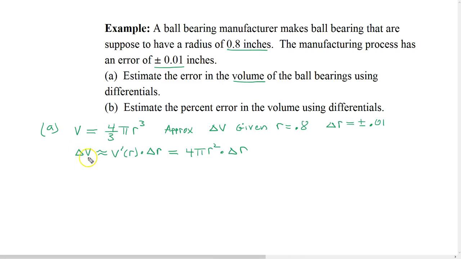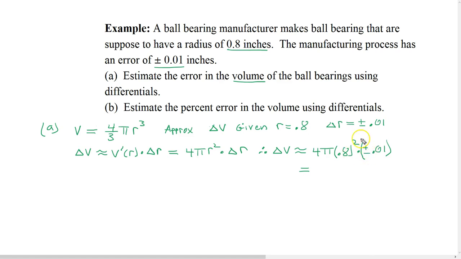And now V prime, when r is 0.8 and our change in r is plus or minus 0.01, therefore change in V is going to be approximately 4 pi times 0.8 squared times plus or minus 0.01. Now remember, this doesn't mean adding or subtracting here.